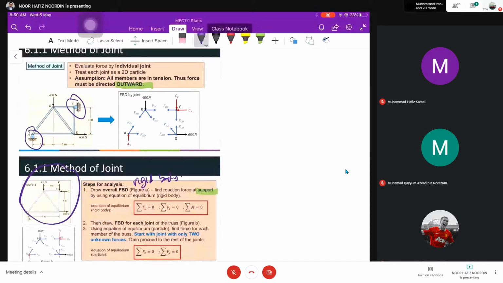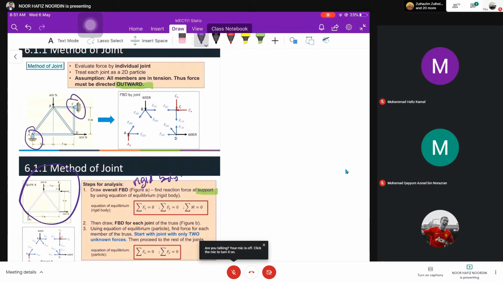And then the second step is to draw the free body diagram for each joint of the truss. That one is illustrated in the figure. So how to draw the free body diagram for a point or joint? As we already learned just now, we must assume all the forces at the slender members are outward.